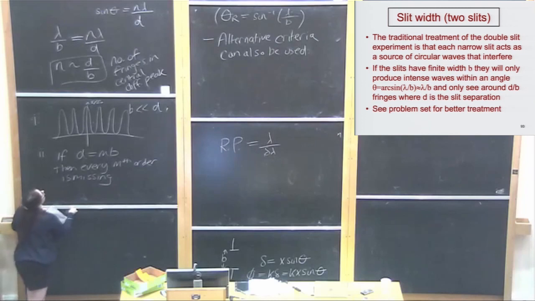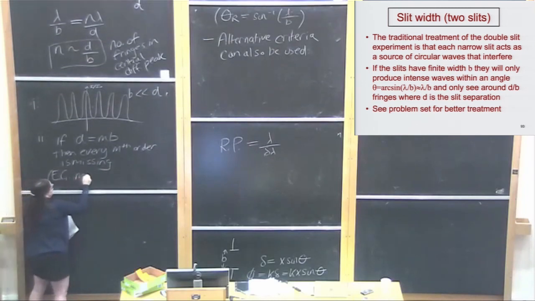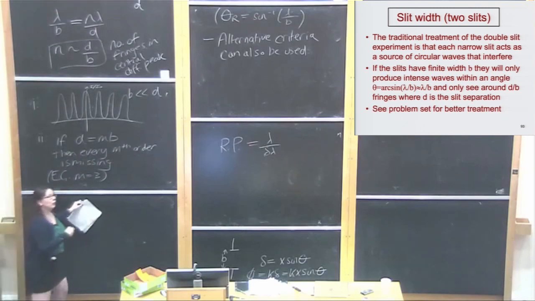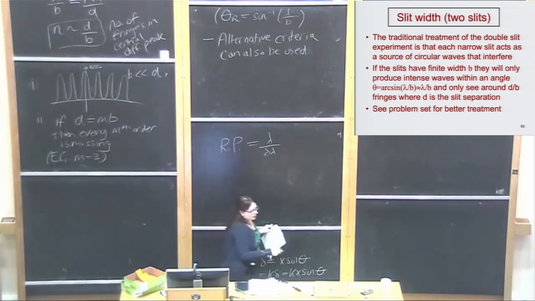So I'm going to put e.g. m equals 3 because what you may not have noticed at the time, but I tried to draw it quite carefully, what I drew up there was exactly for the case where m equals 3. So what you can see then is that you've got your 0th order, your first, your second, and then number 3 is missing because I drew it for exactly this case so that I could point at it now. Right, so that's something called missing orders in a diffraction pattern.